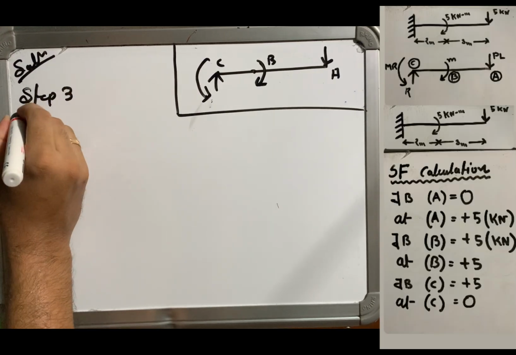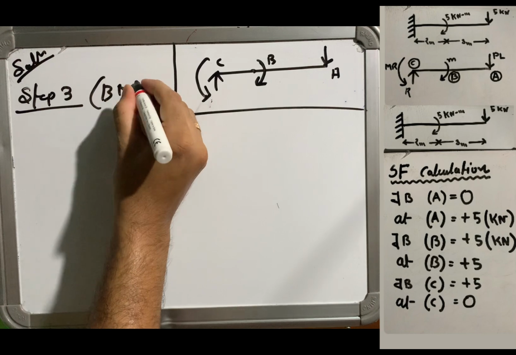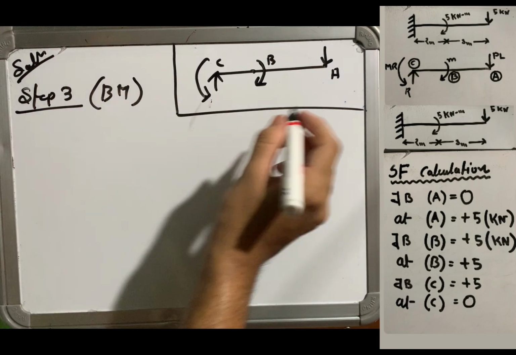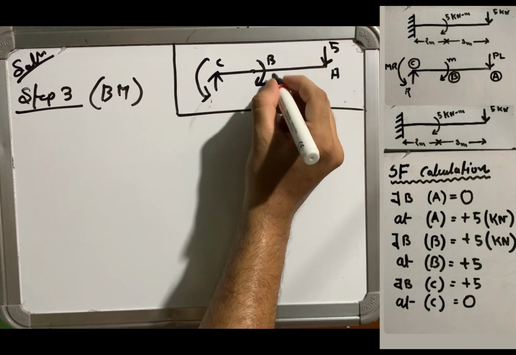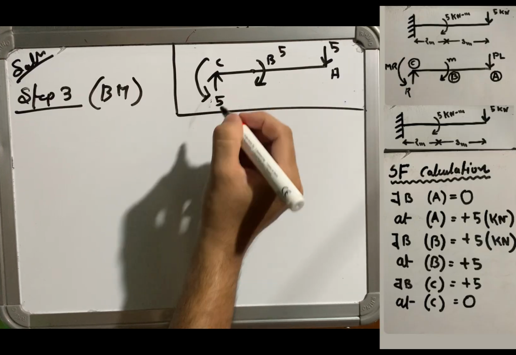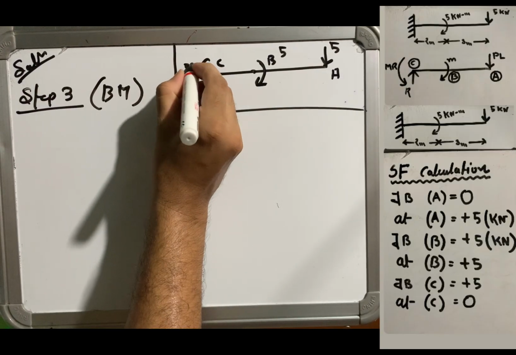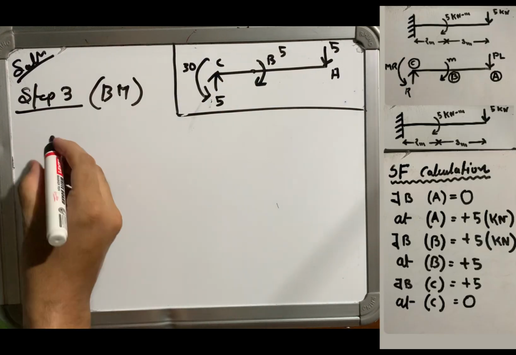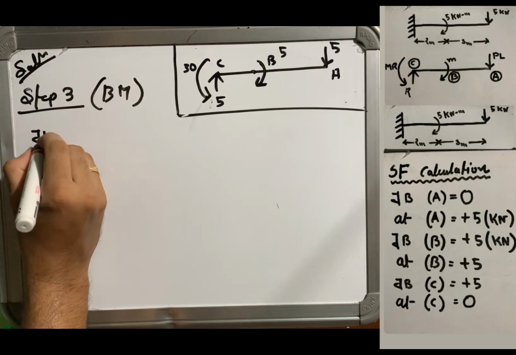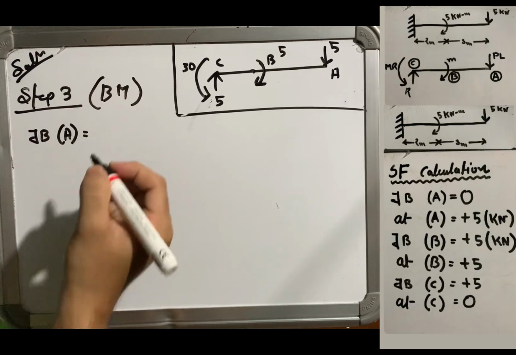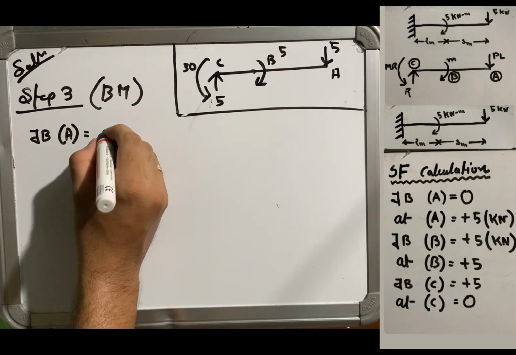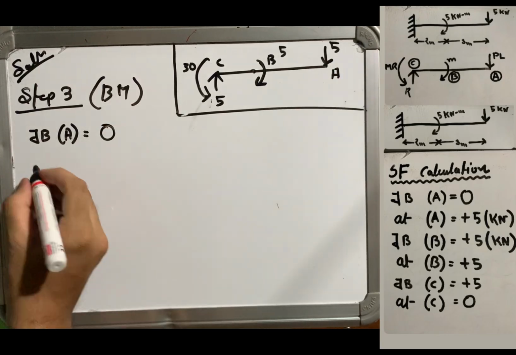So now go for step 3, which is bending moment calculation. Same for the bending moment, we will use the same free body diagram, and the calculation will be almost the same, but moment we will calculate. At A, sorry, just before A is how much?